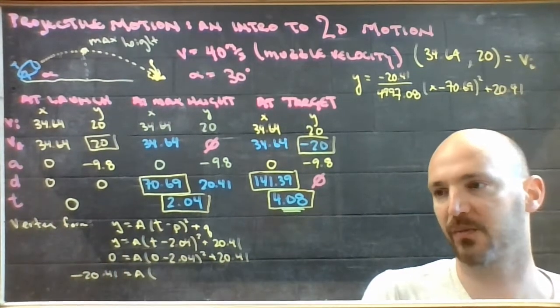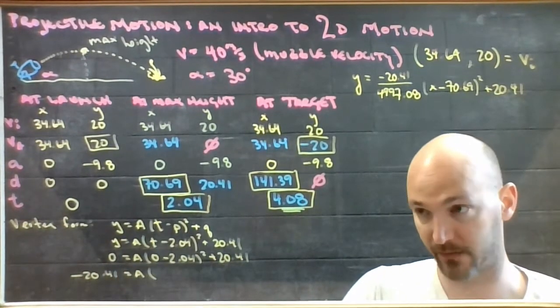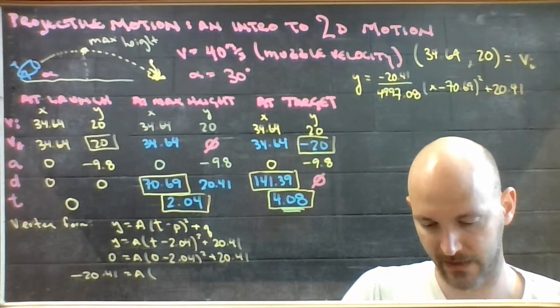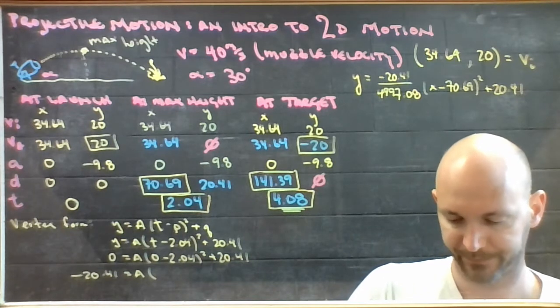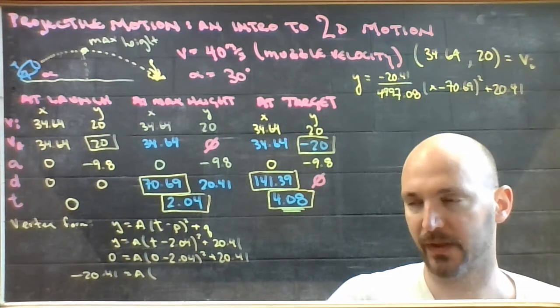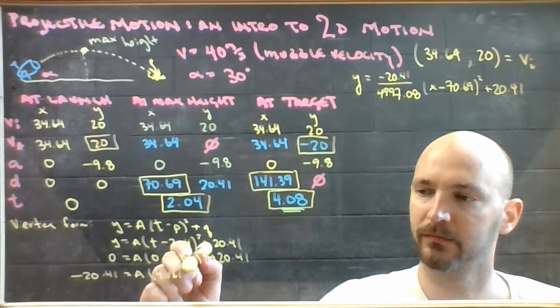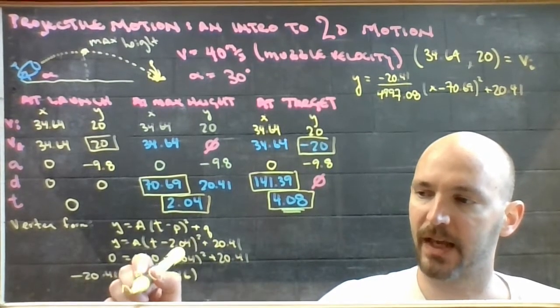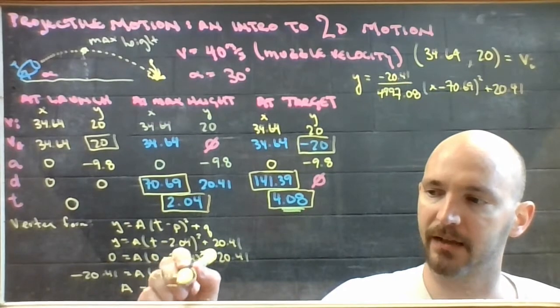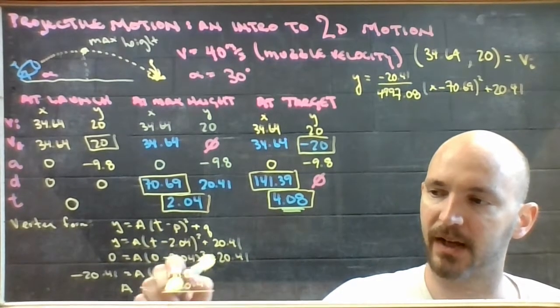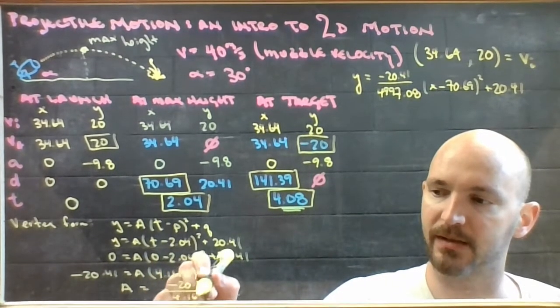Zero minus 2.04 is negative 2.04, and 2.04 squared is 4.1616. So the A value would be negative 20.41 divided by 4.1616.